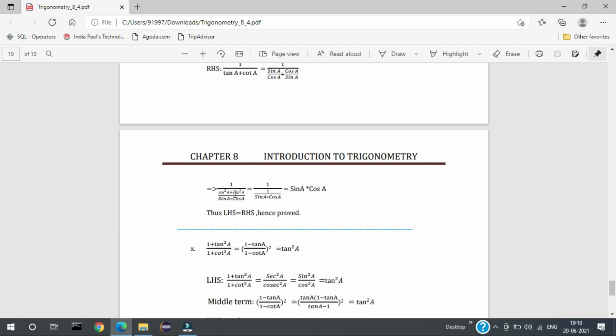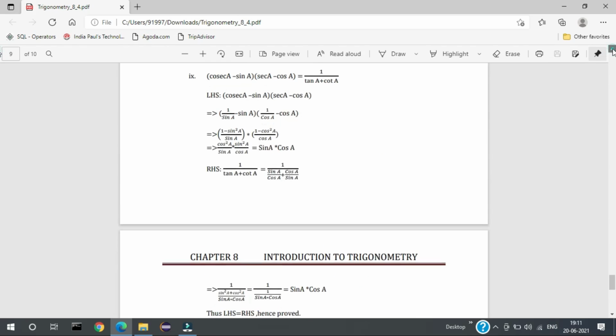So sin square A plus cos square A will become 1. So that implies sin A into cos A. So in LHS, what value we got? Sin A cos A we got. So hence LHS equals RHS.